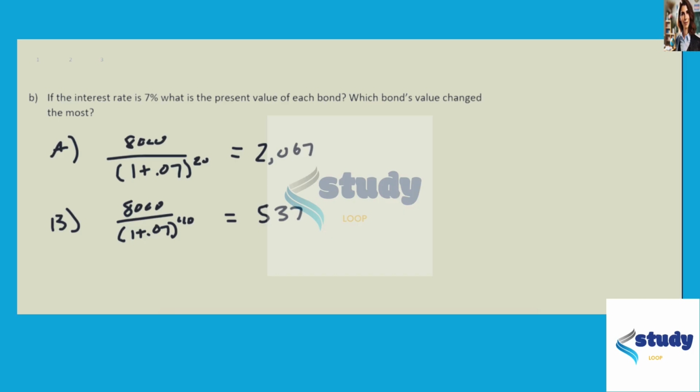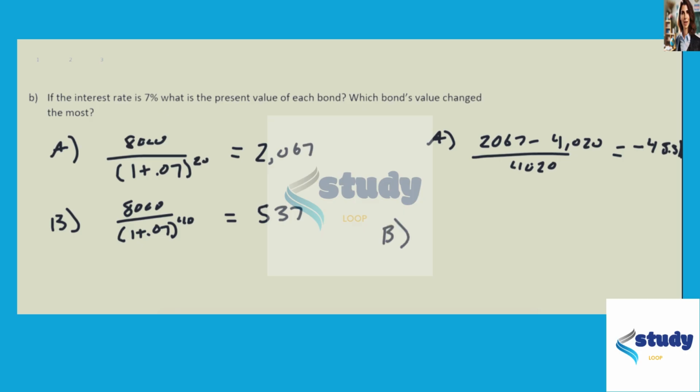Now which value has changed the most? This is just a simple percentage change, so we're going to do bond A first. It's this 2,067 minus the value at the interest rate of 3%, which is 4,020, divided by 4,020. And this equals a minus 48.5% change.